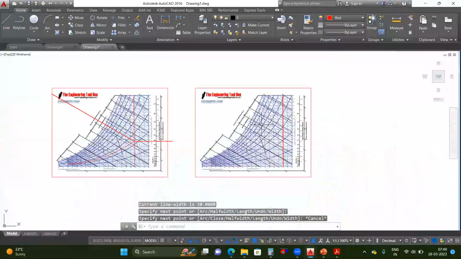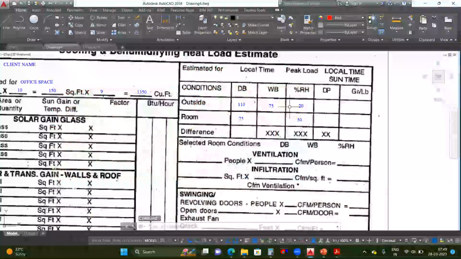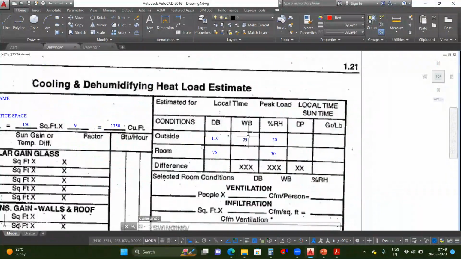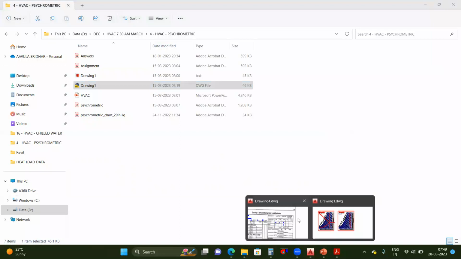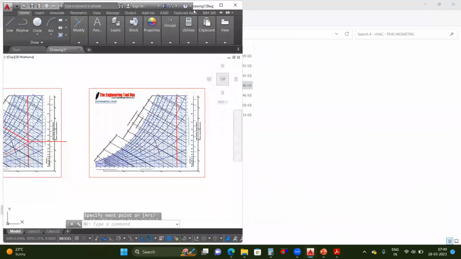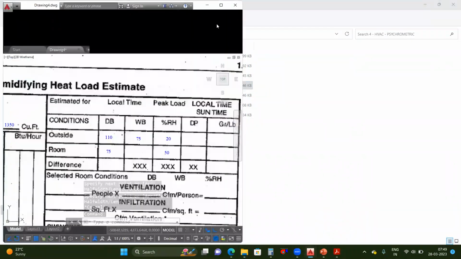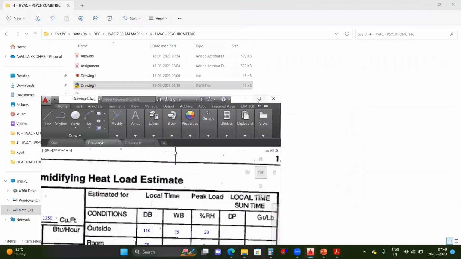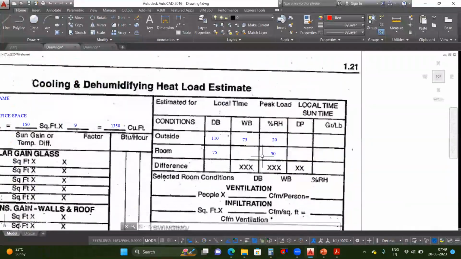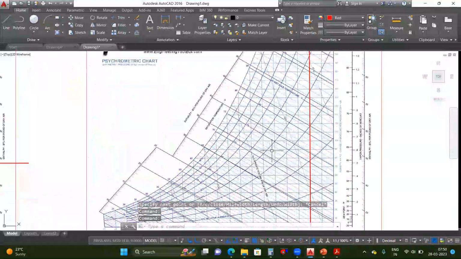Okay. Next, any one value we can take. We have two values, that is wet bulb and RH. So I will take one value, that is wet bulb 75. So this is the wet bulb 75 line.